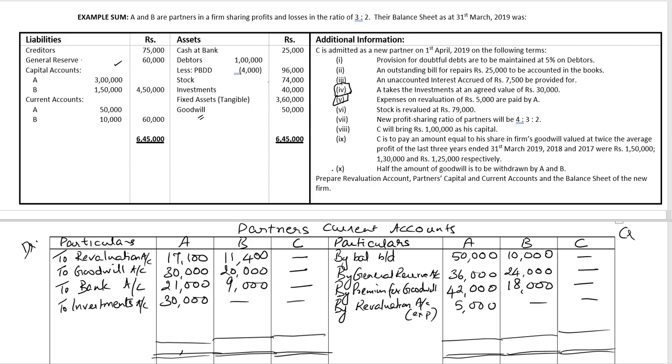For partner A, credit side total 1,33,000. The debit side total 98,100 rupees. The greater total on both sides, 1,33,000.